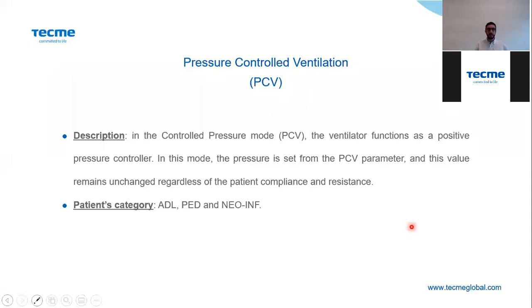So the next ventilatory mode is PCV. We call it PCV, pressure controlled ventilation. Here the ventilator functions as a positive pressure controller. What does it mean? The pressure is set from the PCV parameter, and this value remains unchanged regardless of the patient compliance and resistance.